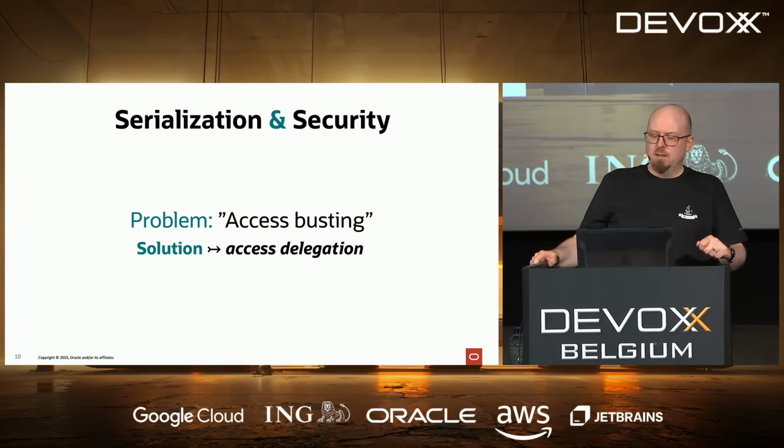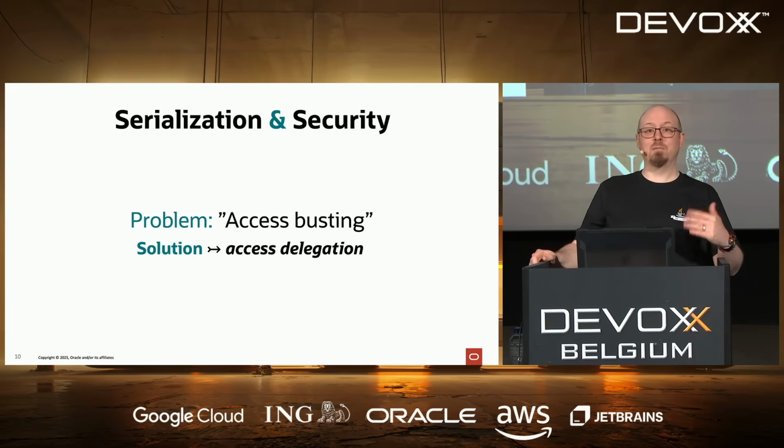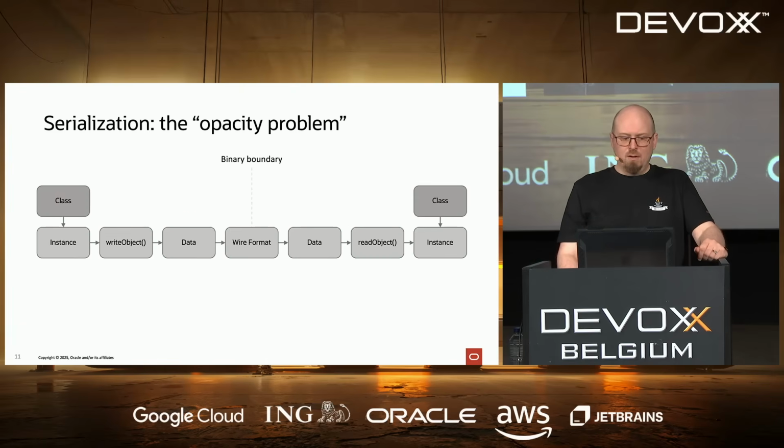So the solution here should be pretty evident: if you have internal state that is not accessible from the outside, then the class author itself needs to delegate that access and say that I'm fine with you accessing this from the outside. So there is an explicit opt-in, and that can be tracked and code reviewed. So I call this the opacity problem.